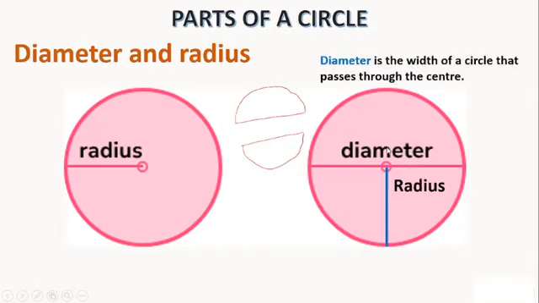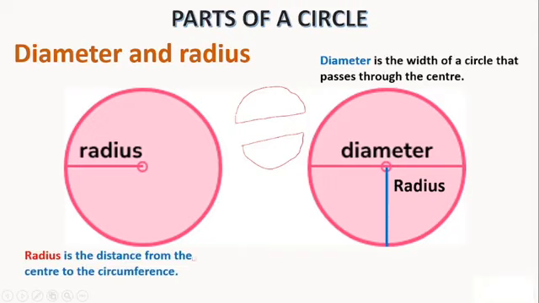The diameter is the width of the circle that passes through the center. The radius is the distance from the center to the circumference. The radius has to start from the endpoint on the circumference and come through the center.